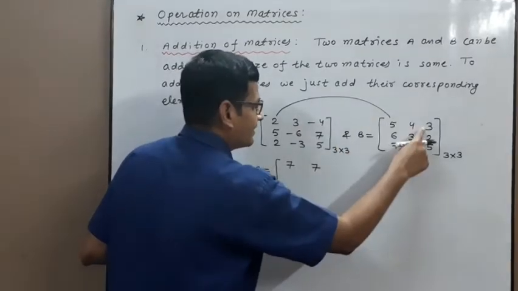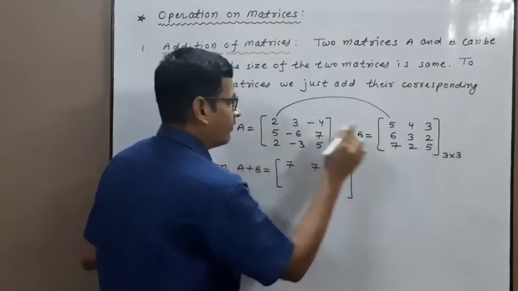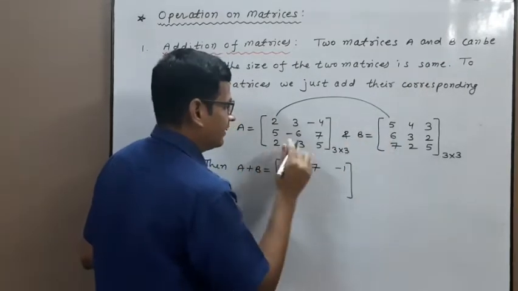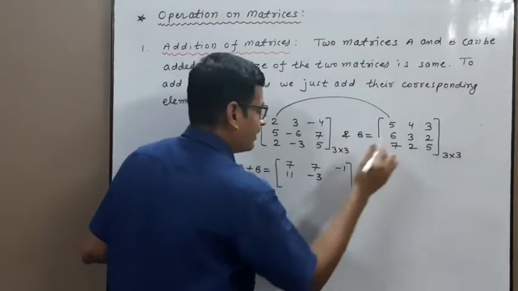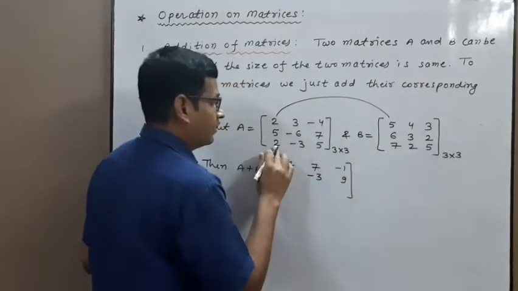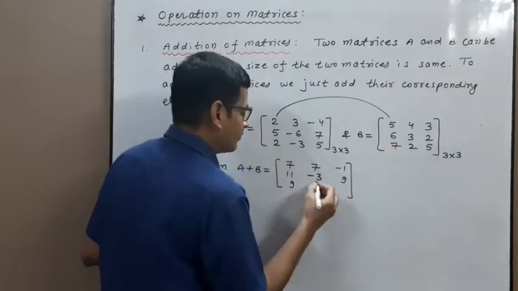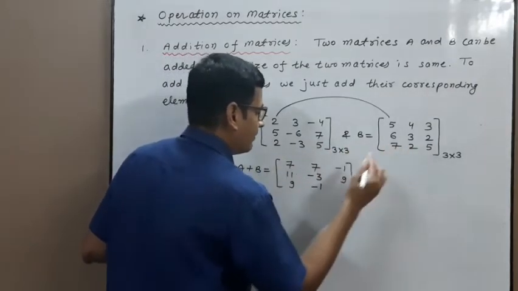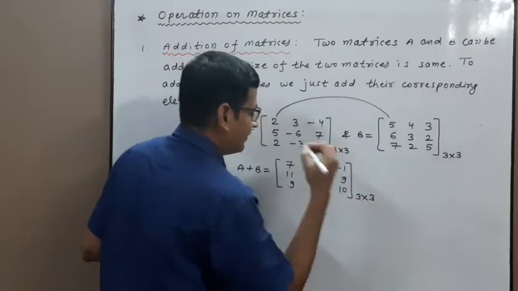Minus 4 plus 3, minus 1. 5 plus 6, 11. Minus 6 plus 3, minus 3. 7 plus 2, 9. 2 plus 7, 9. Minus 3 plus 2, minus 1. 5 plus 5, 10. Again this is a 3 by 3 matrix.